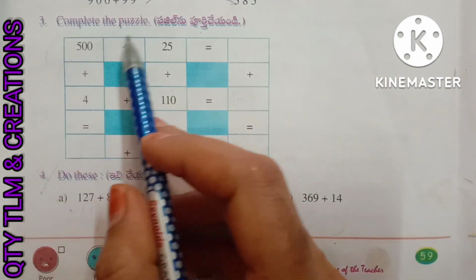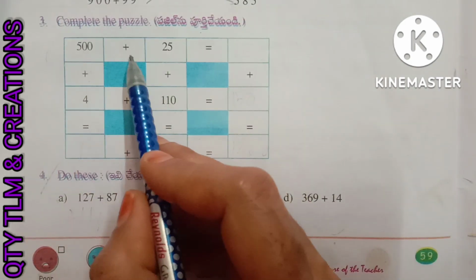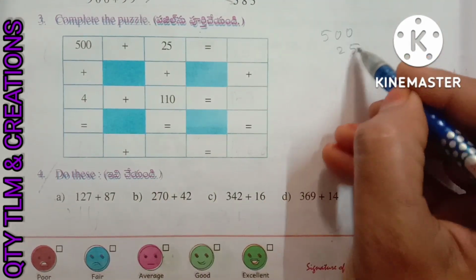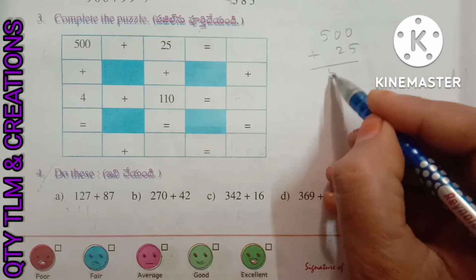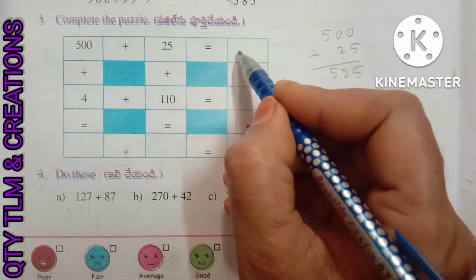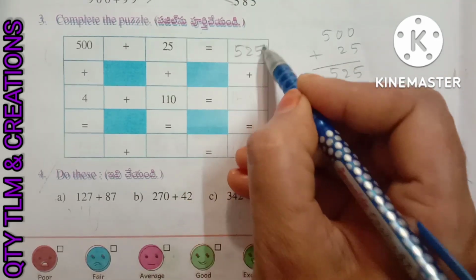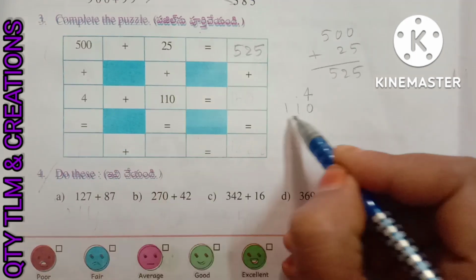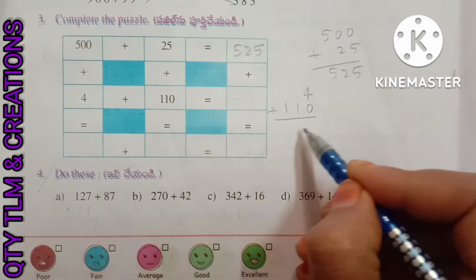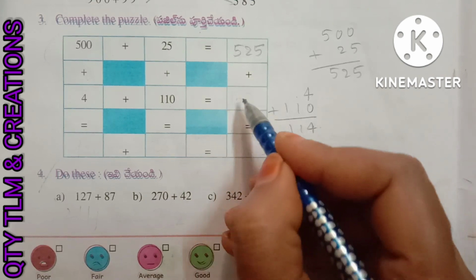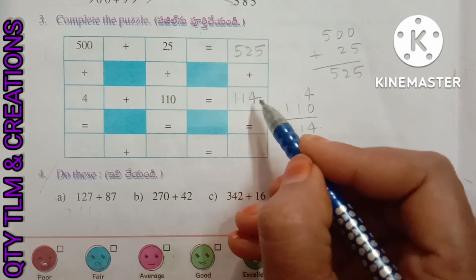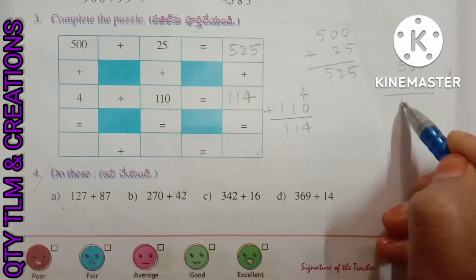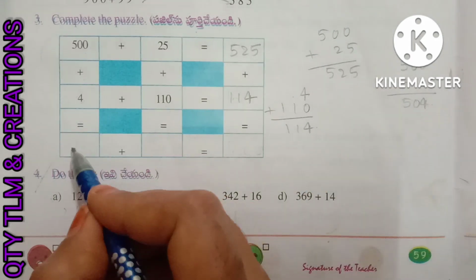Next one, complete the puzzle. Here 500 plus 25, we get 525. So we have to write 525 here. Next 4 plus 110. So we get 114. So we have to write here 114. Then 500 plus 4, we get 504. So we have to write here 504.